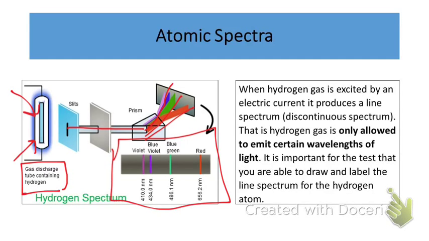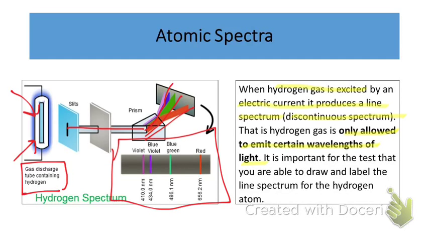Okay. So when the hydrogen atom is excited by the electrical current, it produces the line spectrum, which is obviously a discontinuous spectrum. And this hydrogen gas is only allowed to emit certain wavelengths of light.